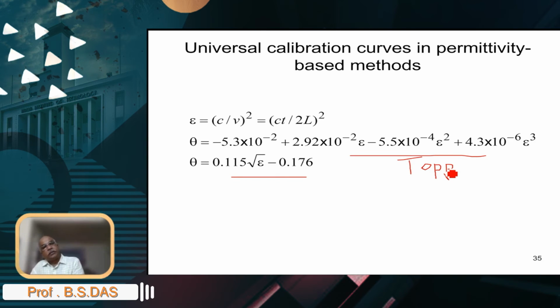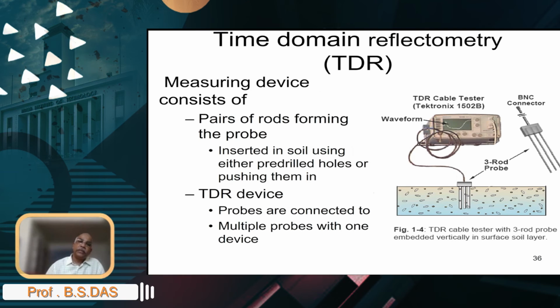And once you know the dielectric constant, it's easy to use Topp's equation, or the other one, a power function relationship, to get the volumetric water content. This whole thing was in about the 90s and in the 2000s.